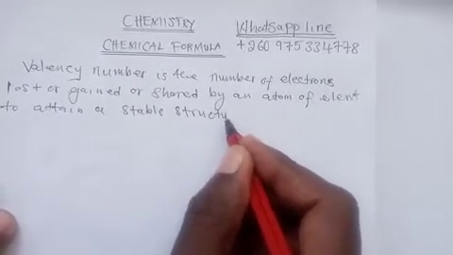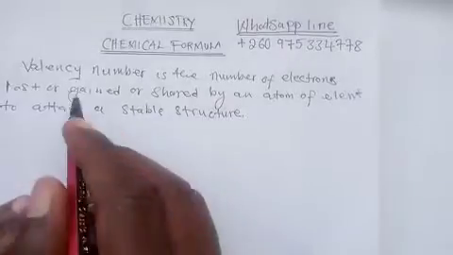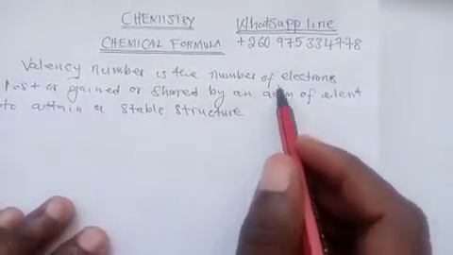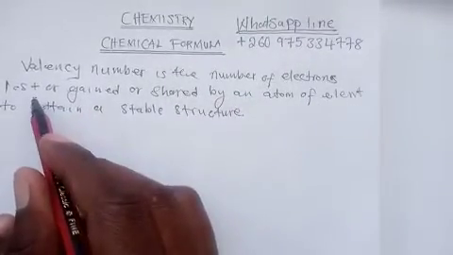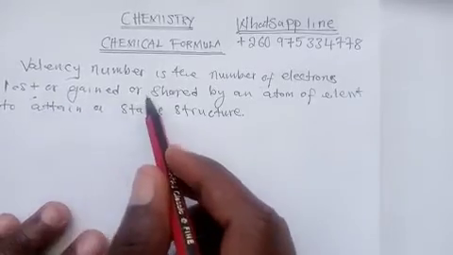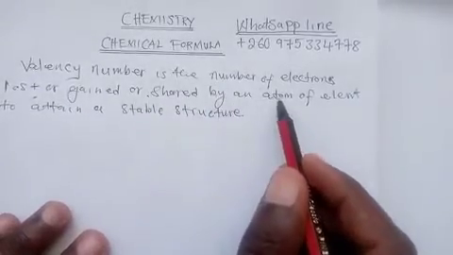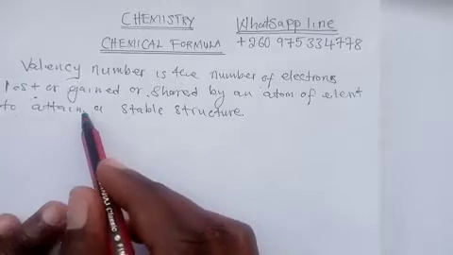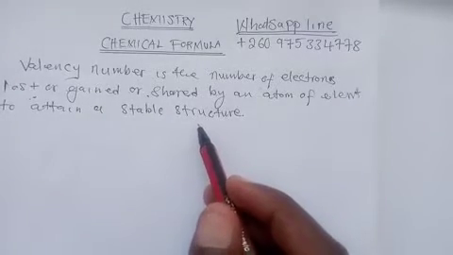So a valence number is the number of electrons lost or gained or shared by an atom of elements to attain a stable structure.